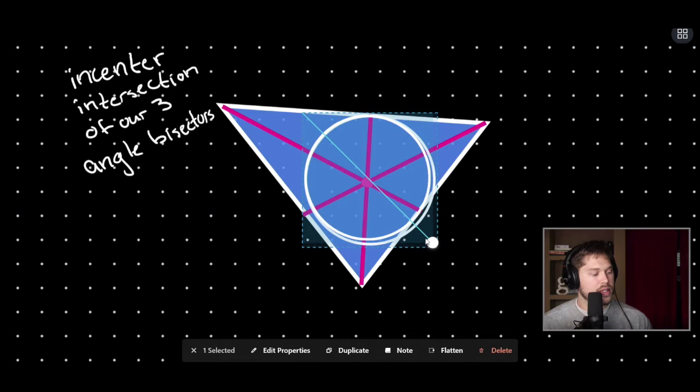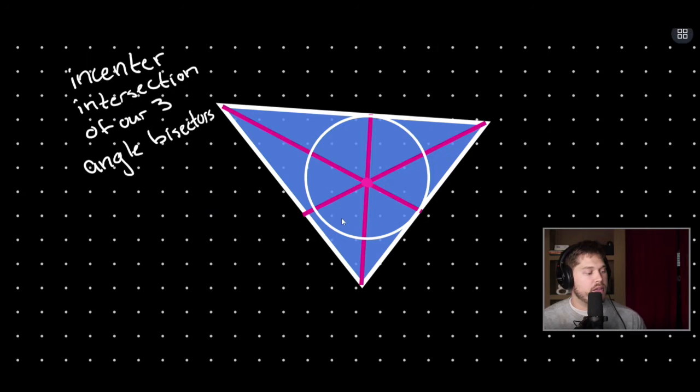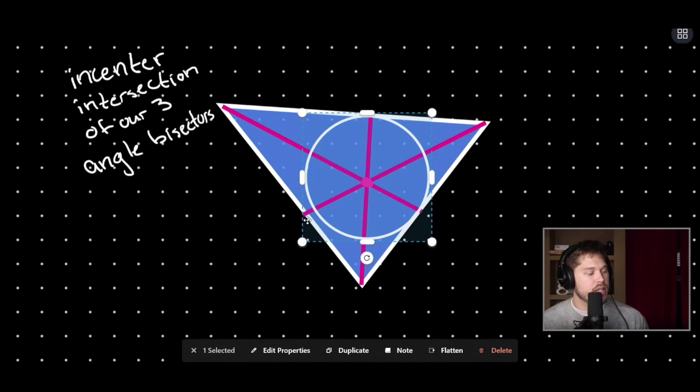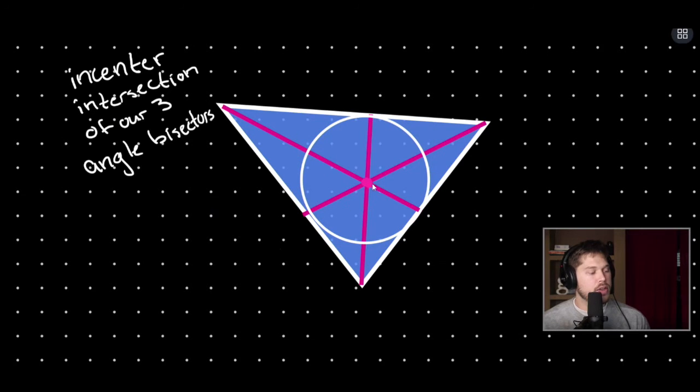Okay. Here we go. If we have an inscribed circle, then it just so happens that the incenter is also the center of the inscribed circle. And my picture may not be perfect, but if it was perfect, then the intersection point would also be the center of the inscribed circle.